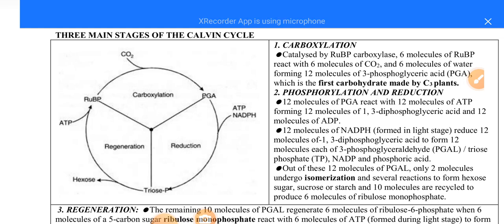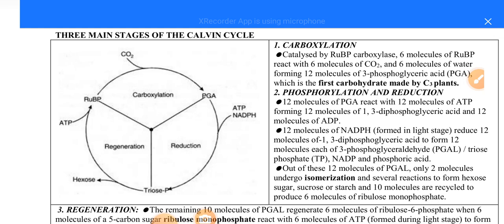I've been talking about this, the 3-phosphoglyceric acid PGA, which is the first carbohydrate made by C3 plants. Now, they can ask which of the following is the first carbohydrate made by C3 plants. It is the 3-phosphoglyceric acid, or the PGA.